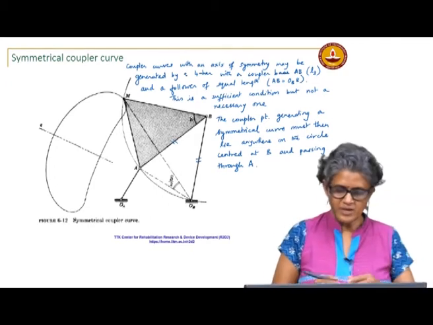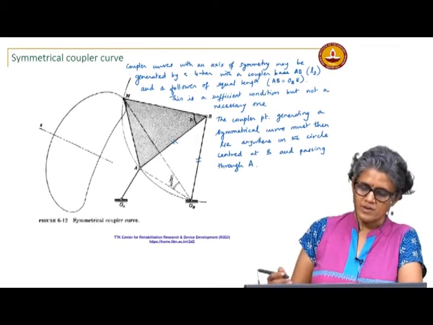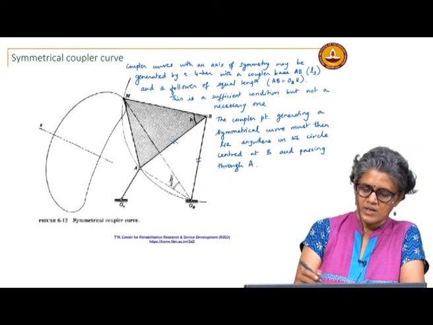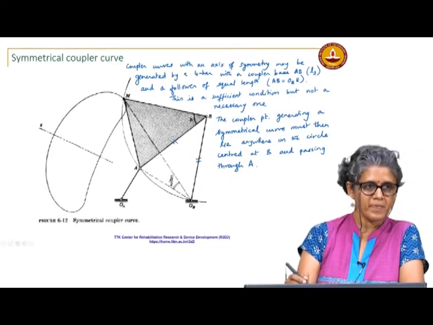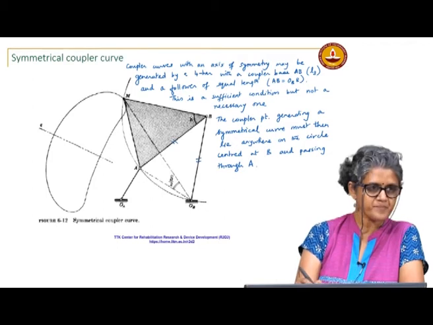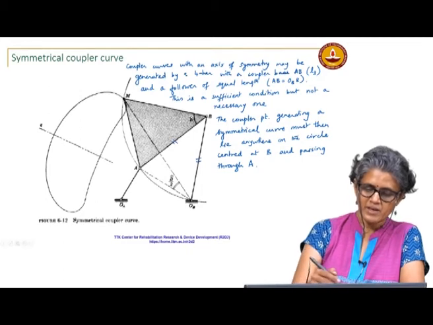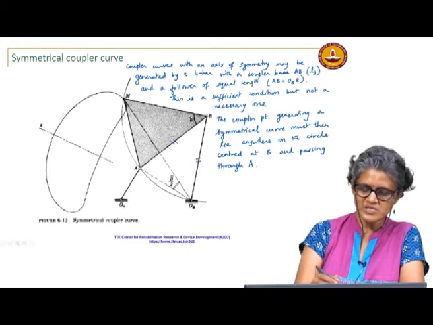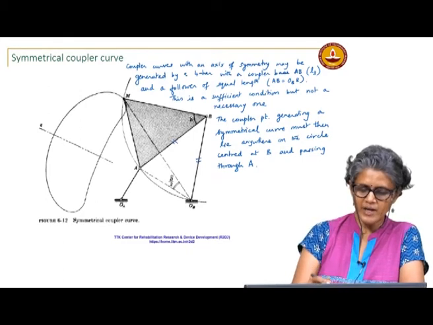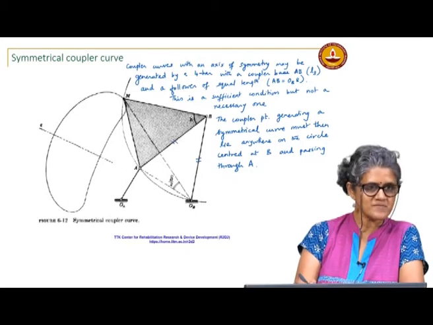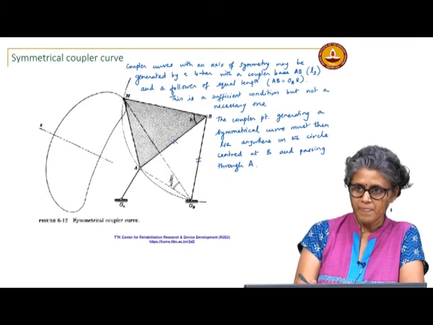So, if you look here, if you look at this coupler triangle ABM, okay, this angle B cap, okay, if this is the angle B cap, then AM, the chord AM, subtends this angle at the center of the circle B, okay.